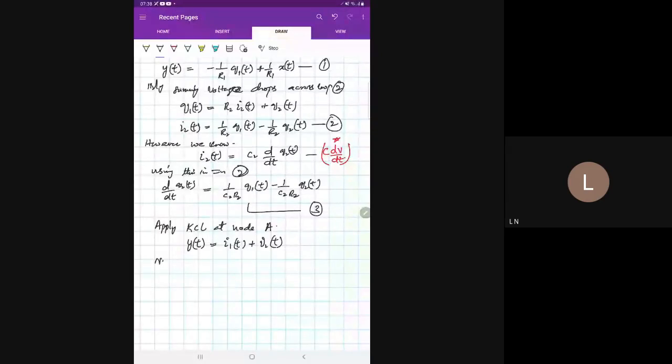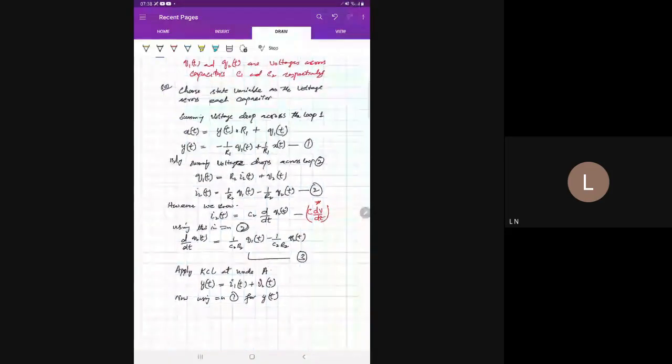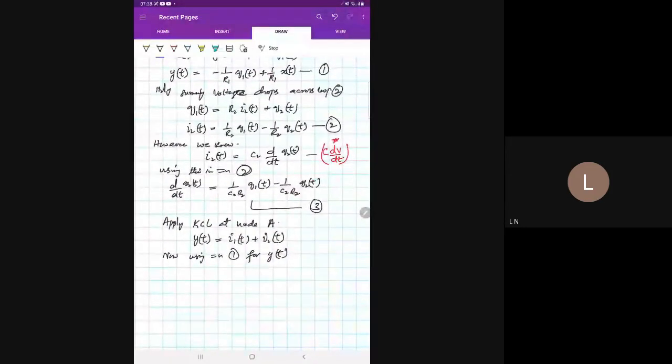Now, for the value of y of t in the above equation, we will take it from equation 1. We will use equation 2 for I2 of t.